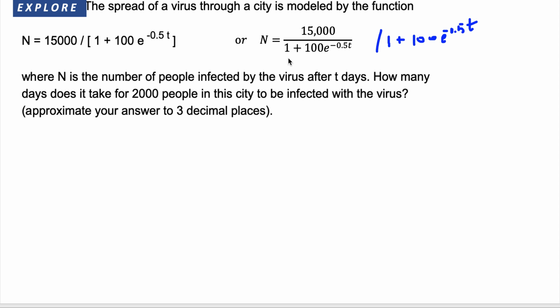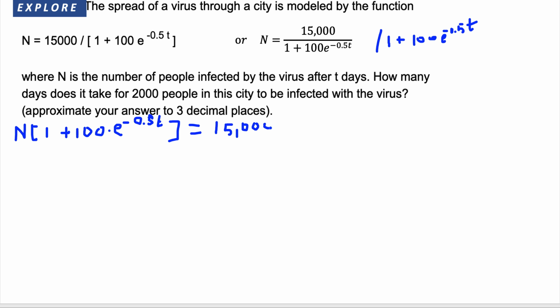Then we want to solve for t, the number of days. When we multiply everything by 1 plus 100 times e to the exponent minus 0.5t, we get N times 1 plus 100 e to the exponent minus 0.5t, which is equal to 15,000, because on the other side the denominator simplifies with 1 plus 100 e to the exponent minus 0.5t.